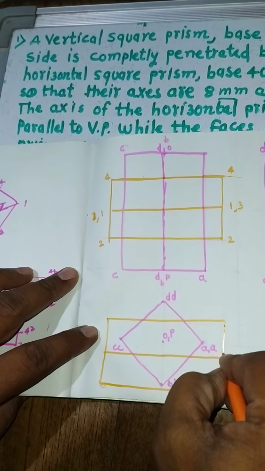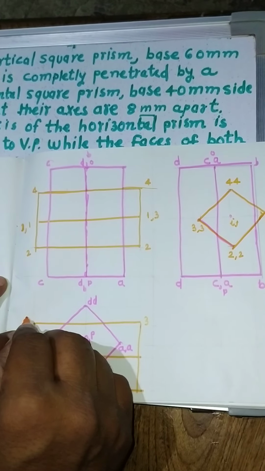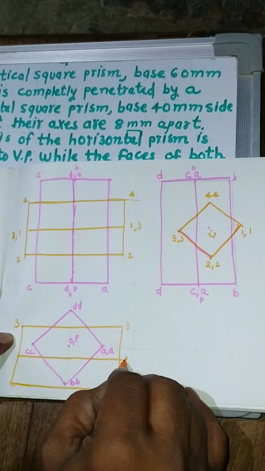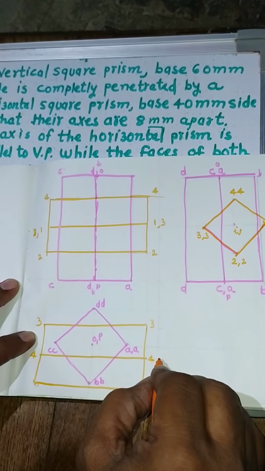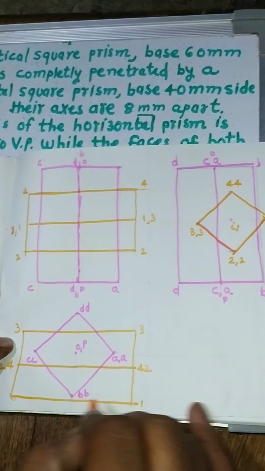This is the point 3, 3. This is the point 4, 4, 2, 2, 1, 1.